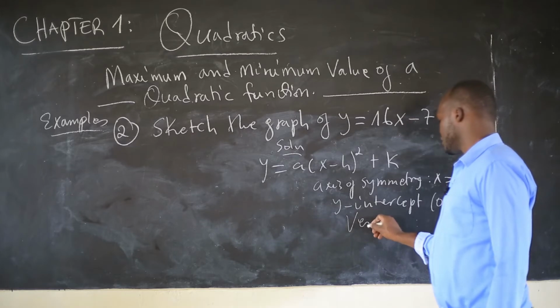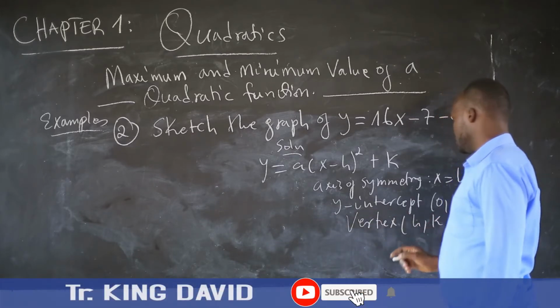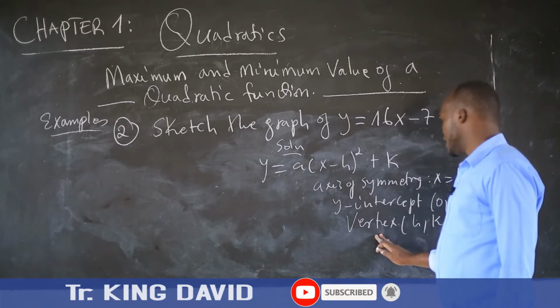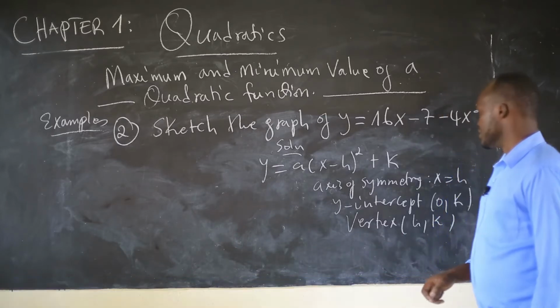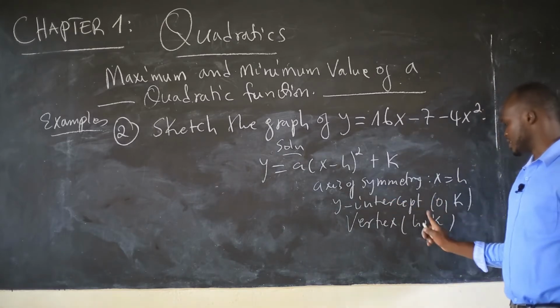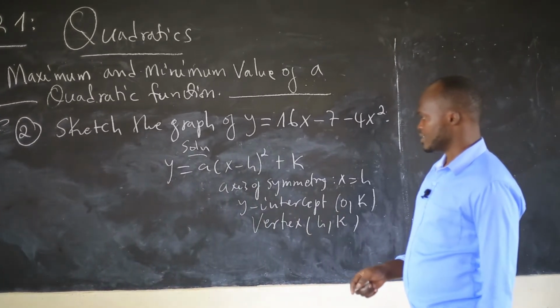Vertex is h, k. So what remains is only finding the x-intercept. You see, you have the axis of symmetry, you have the y-intercept, you have the vertex. So what remains is to find what? X-intercept.